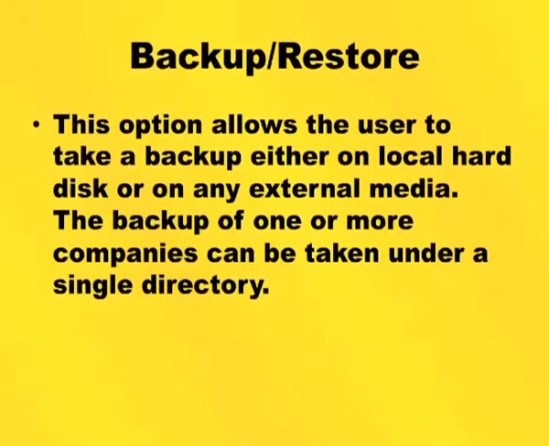Next is backup or restore. This option allows the user to take a backup either on local hard disk or on any external media. The backup of one or more companies can be taken under a single directory.